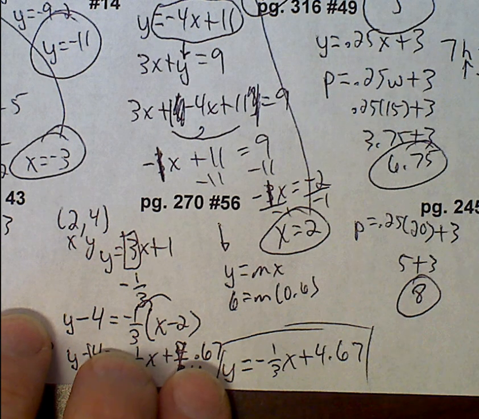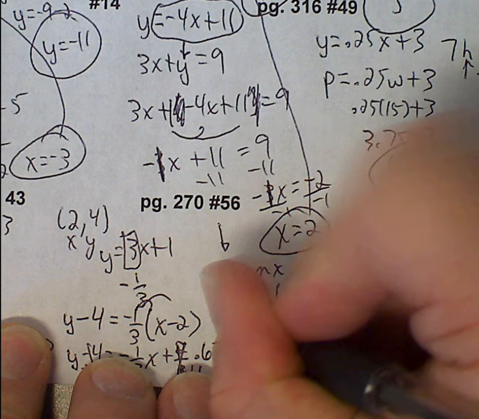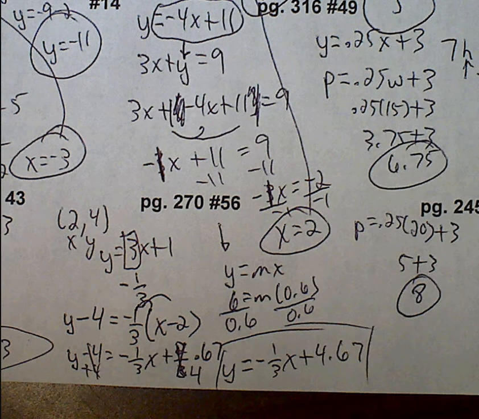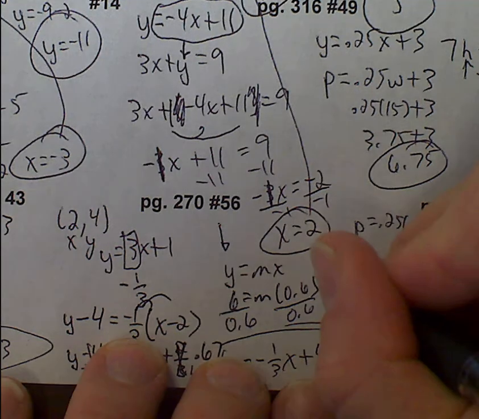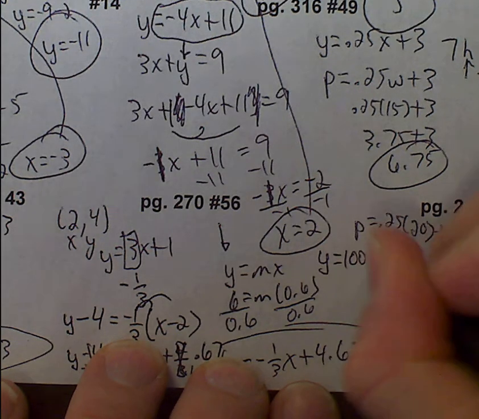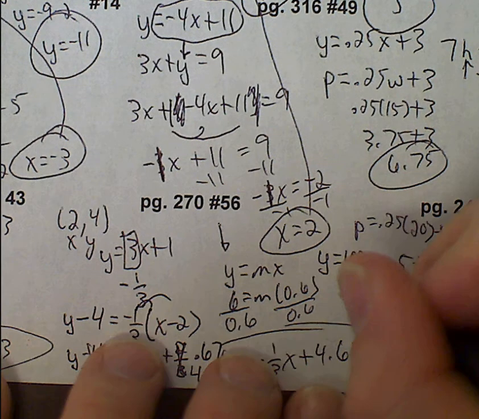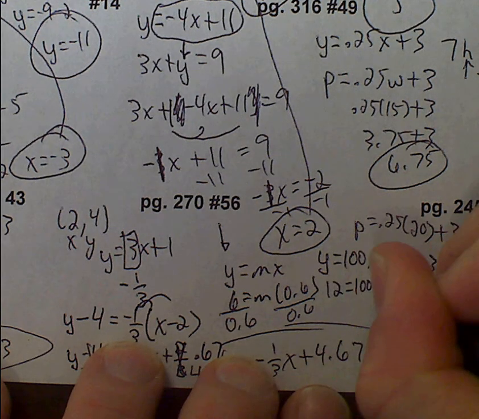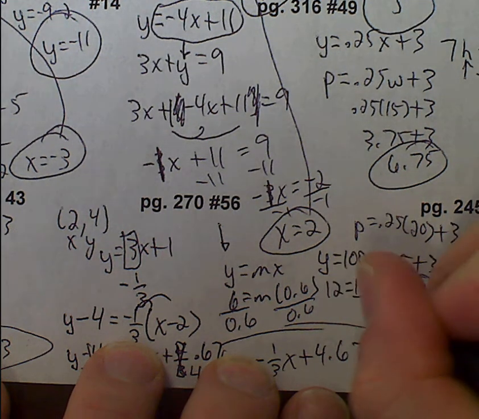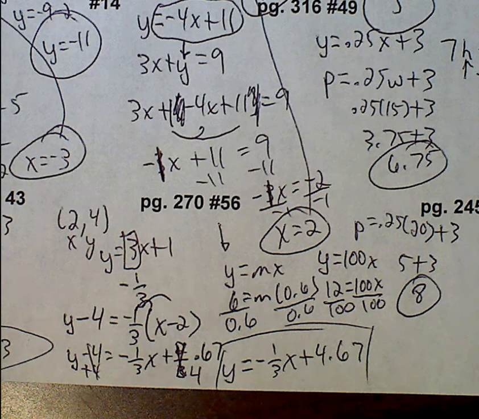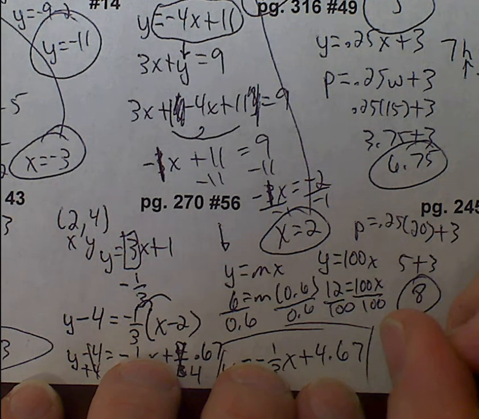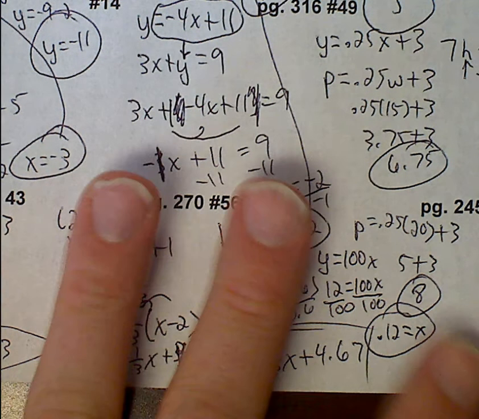So I'm going to divide by 0.06 to get my slope. There is no y-intercept. 6 divided by 0.06 is 100. So now I have y equals 100x. Now I can plug back in what they want. Y needs to be 12. 12 equals 100x. So what would x be? Well, if I divide by 100, 12 divided by 100 gives me 0.12. 0.12 equals x.